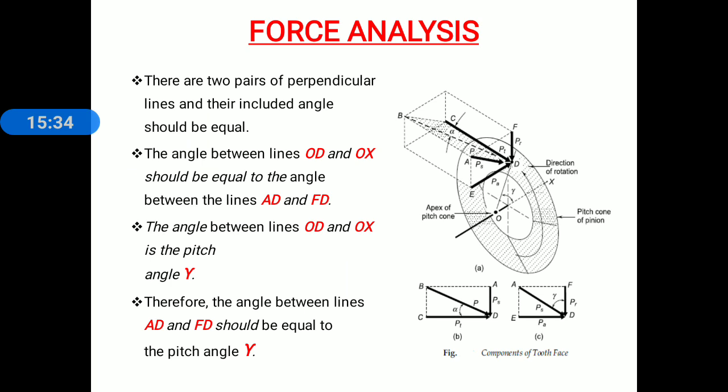The angle between line OD and OX should be equal to the angle between line AD and FD, as shown in figure A. The angle between line OD and OX is the pitch angle gamma. Therefore, the angle between line AD and FD should be equal to the pitch angle gamma.